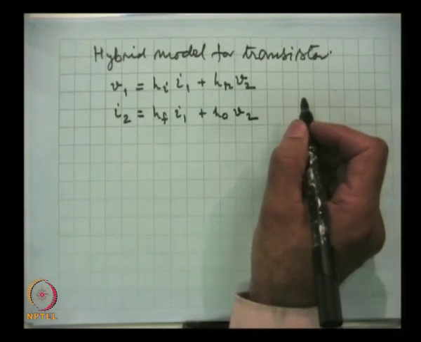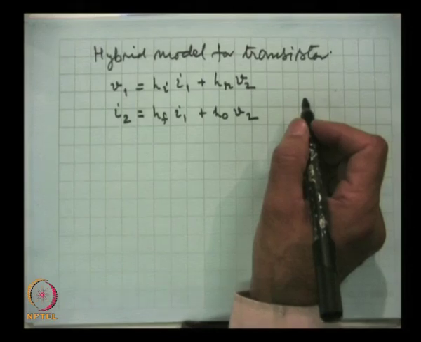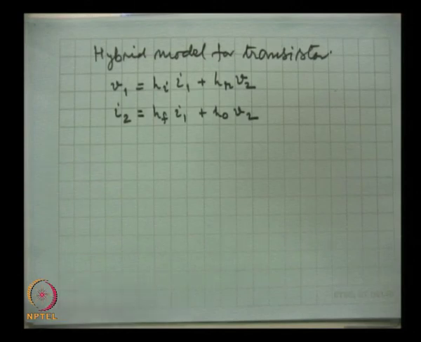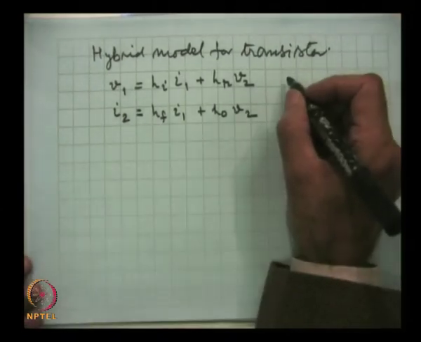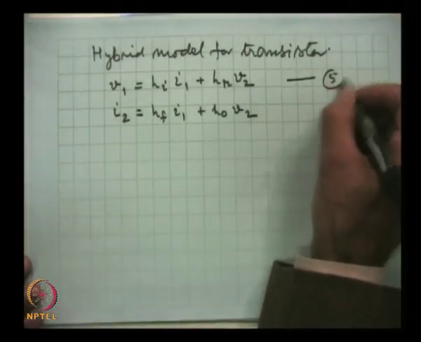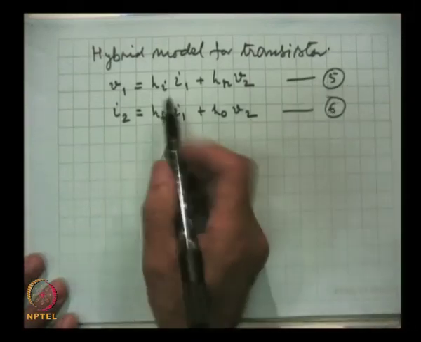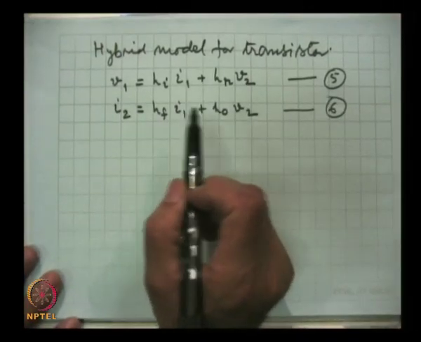These equations we will be now using, and let us call these equation 5 and equation 6, and from here we can develop the hybrid model.